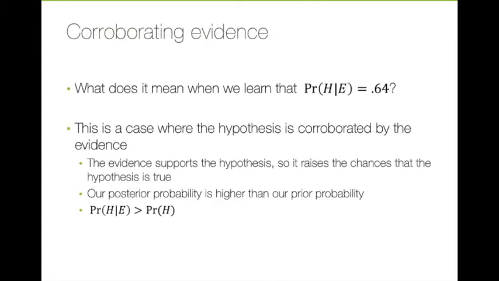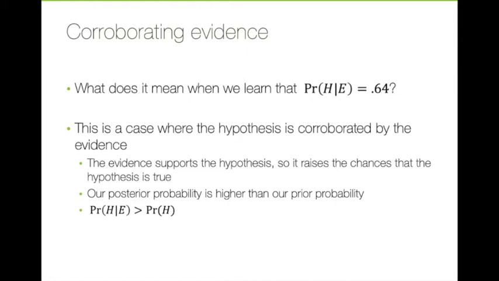On its own, the number 0.64 just says roughly that the hypothesis has a 64% chance of being true given the evidence. But what's often more interesting is not how likely the hypothesis is to be true given the evidence, but rather whether the evidence supports the hypothesis.